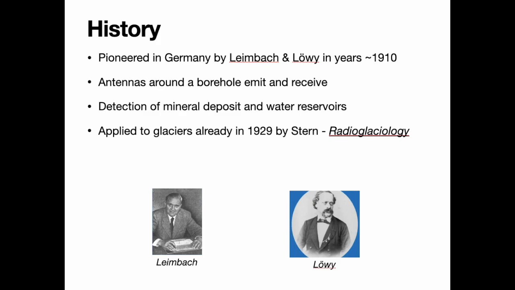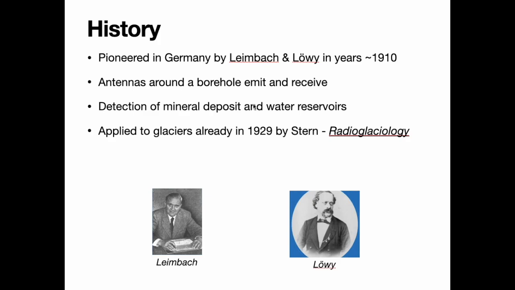So here's a quick historical outlook of the GPR. The ground penetrating radar was pioneered in Germany by Leimbach and Loewy in the years around 1910. What they did, they put some antennas around the borehole and they emitted and received electromagnetic waves, and they tried to use this to detect the location of mineral deposits and water reservoirs.